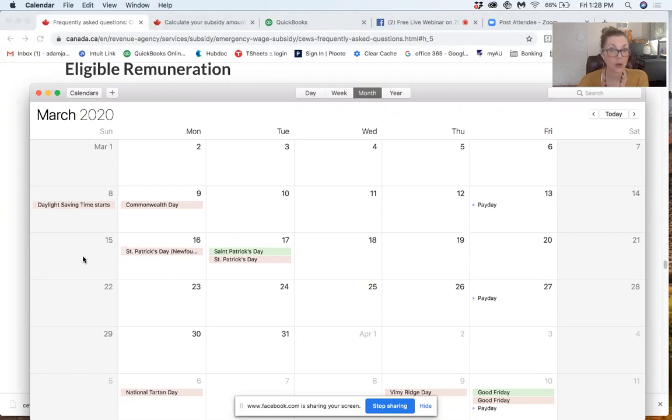But I tried it, and the problem is that if you have a semi-monthly period or a monthly period or a bi-weekly period, you get a different result using that calculation of total wages divided by 10.71 weeks. You get a different result depending on how your pay structure is, just the frequency of the payments.